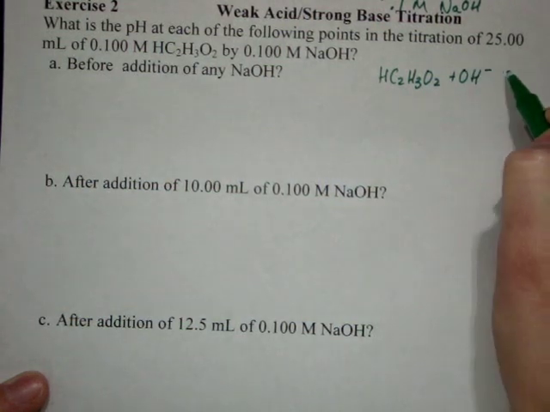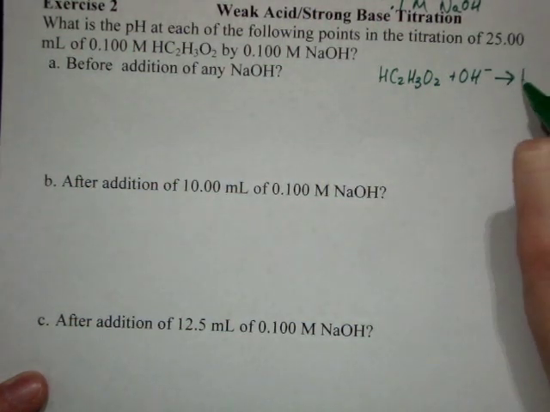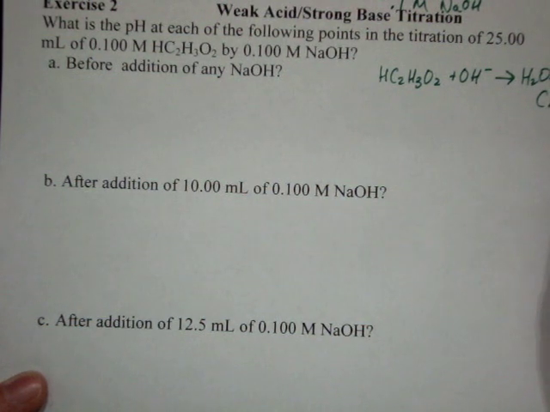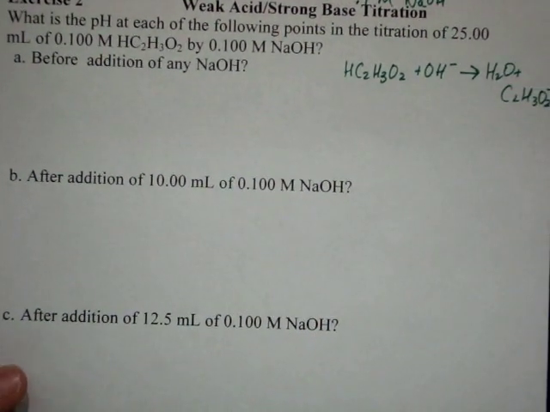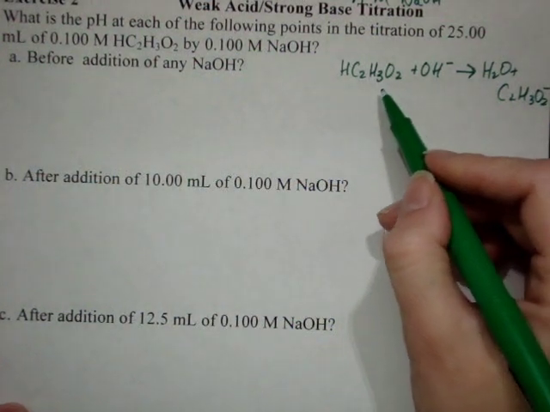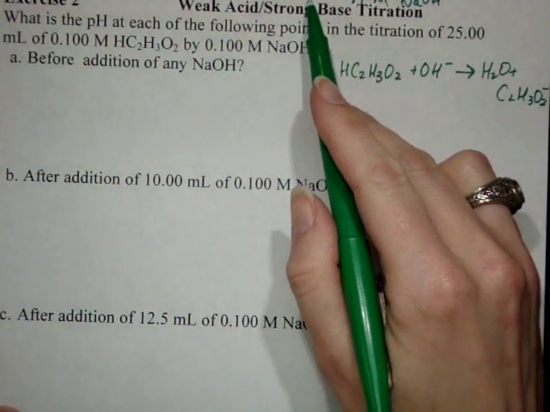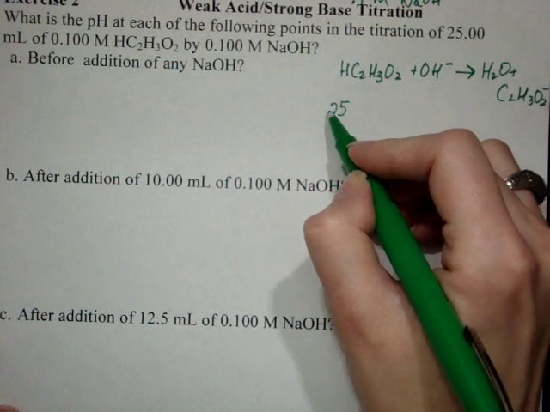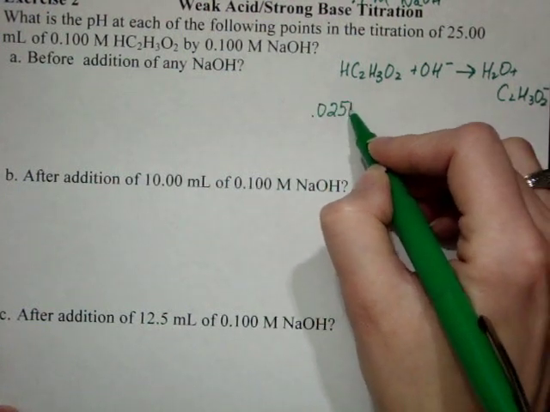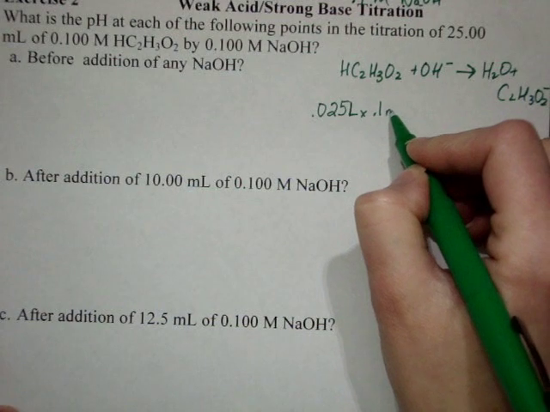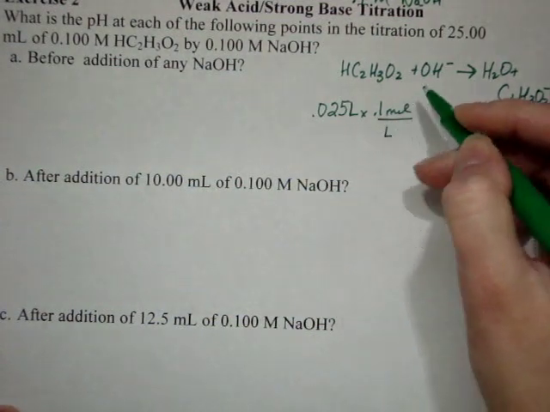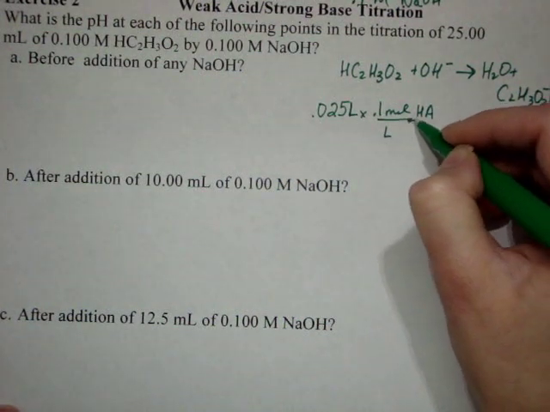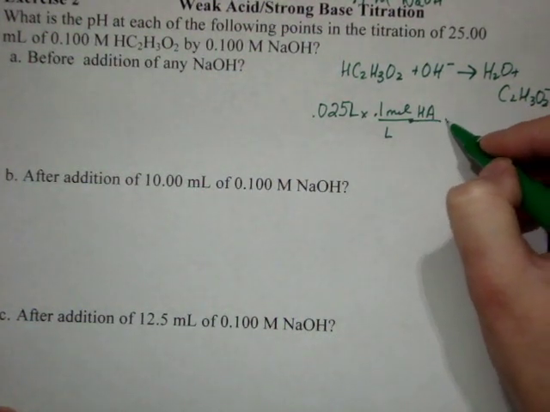acetic acid plus OH minus yields H2O and my acetate ion. If I'm starting off with 25 mils of 0.1 molar, so I have 0.025 liters times 0.1 moles per liter of acetic acid. I'm just going to use HA because it's shorter and I don't have a lot of space.